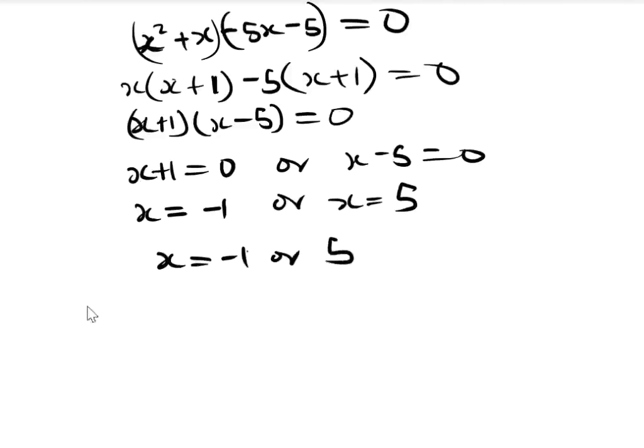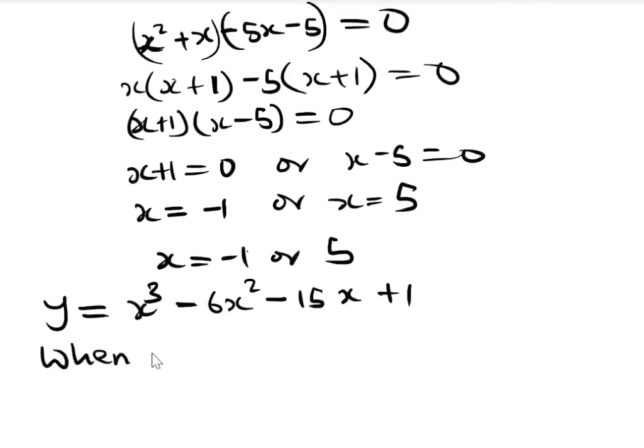Remember, our original equation is y is equal to x cubed minus 6x squared minus 15x plus 1. So if we decide to substitute the values of x in this to get the corresponding value of y, let's consider when x is equal to minus 1.